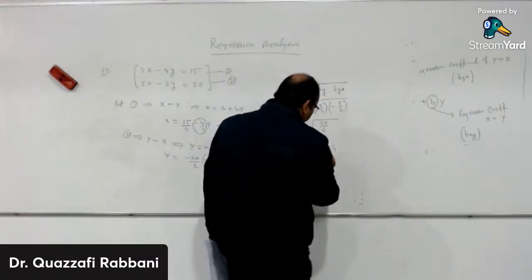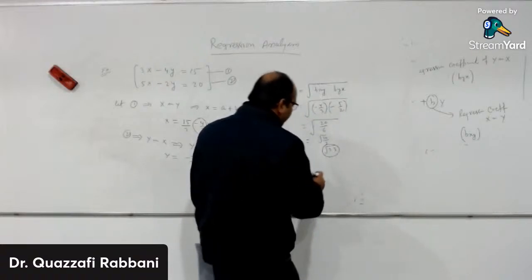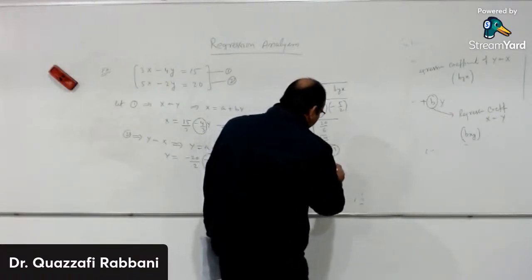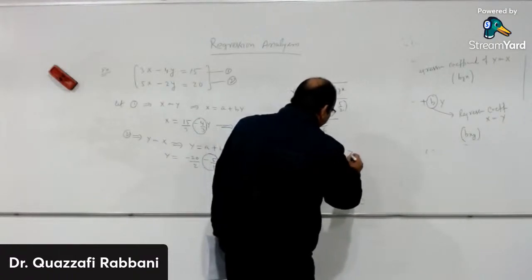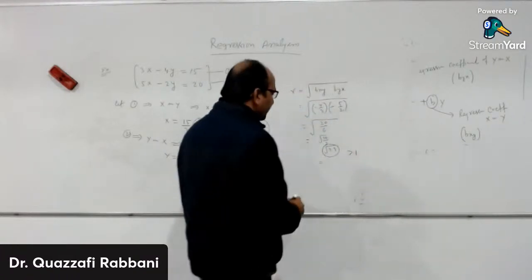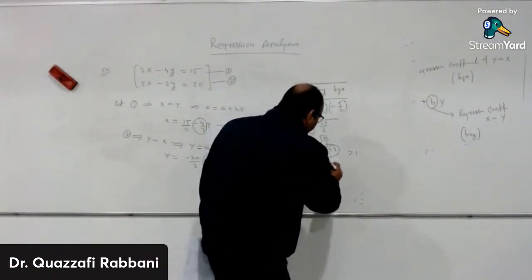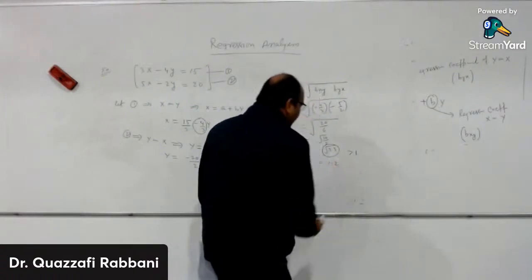If you calculate under root 3.3, the value will be greater than 1, something like 1.2.